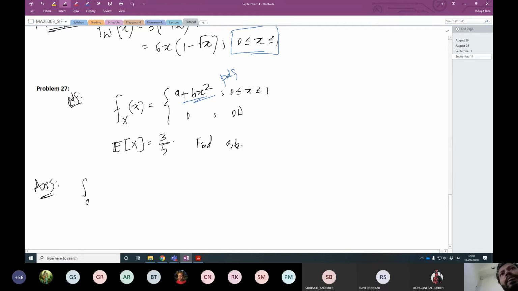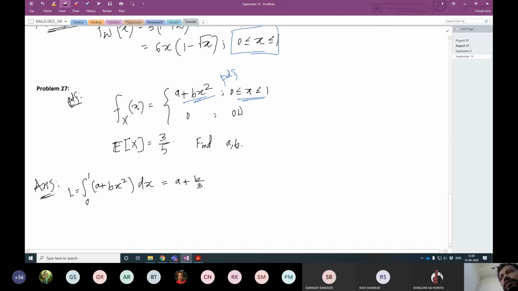So the integration of this PDF from 0 to 1 of (a plus b x square) dx must be equal to 1, which would imply that the integration of that is going to be a plus b over 3.